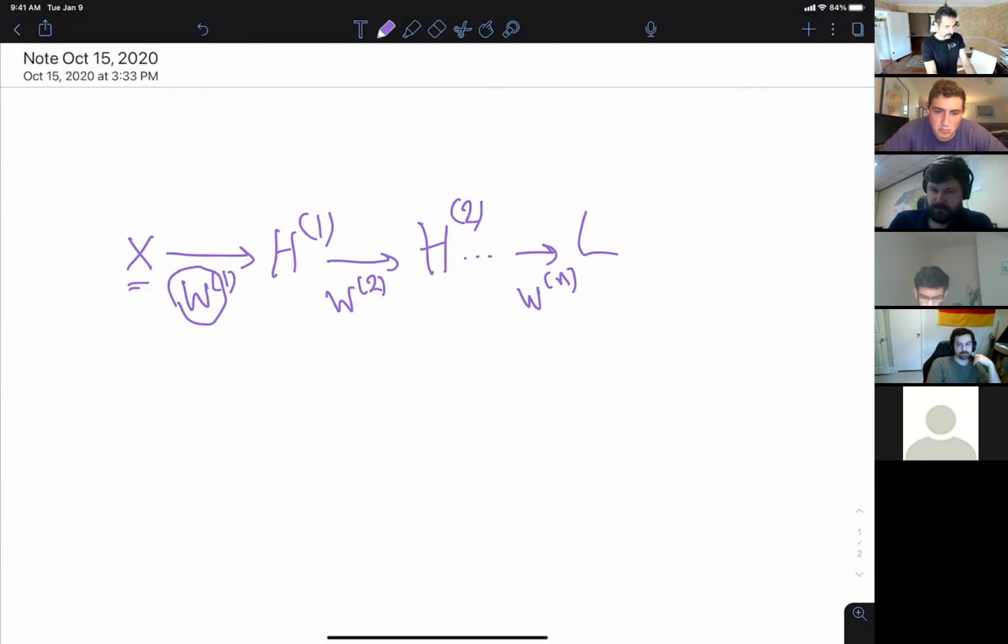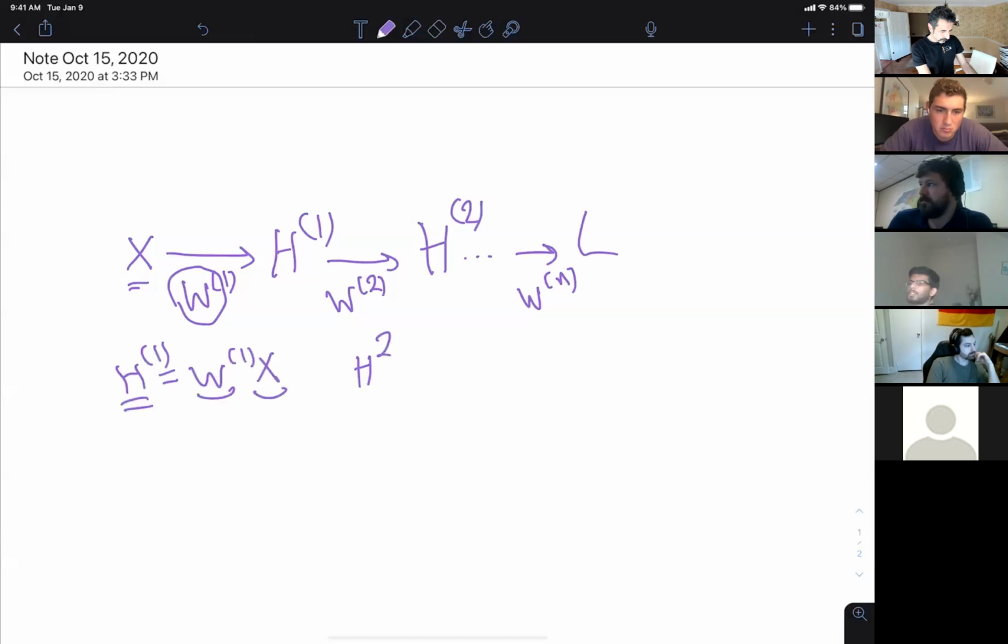Specifically, H1, again a matrix, is calculated by multiplying the weight matrix to the input, and then H2, again a matrix, you get W2 multiplied by H1. Okay, and to be clear, this is not a dot product. This is multiplication of matrices, because now we put everything into matrices.